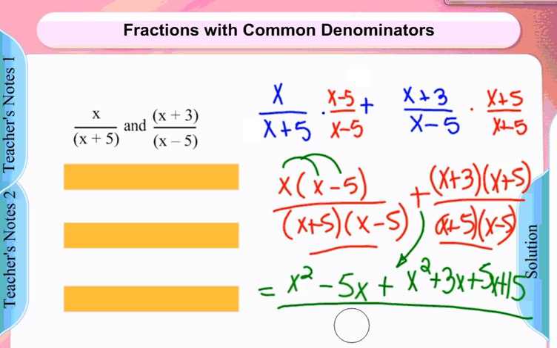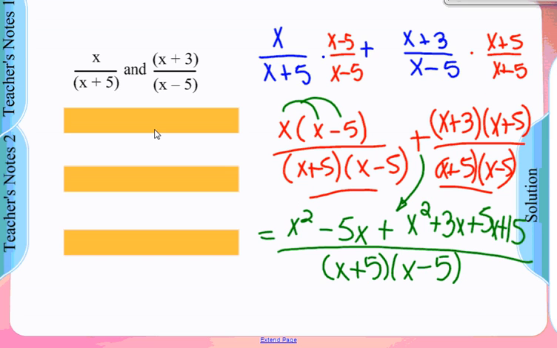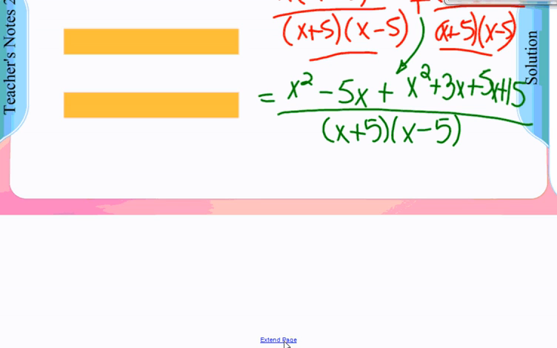Actually, we don't have to distribute the denominator. It's a bit easier to deal with if we leave it factored. But the numerators we do have to distribute because we want to combine any like terms. The denominator you can leave as a factored expression. Okay, then let's see, what can we combine?